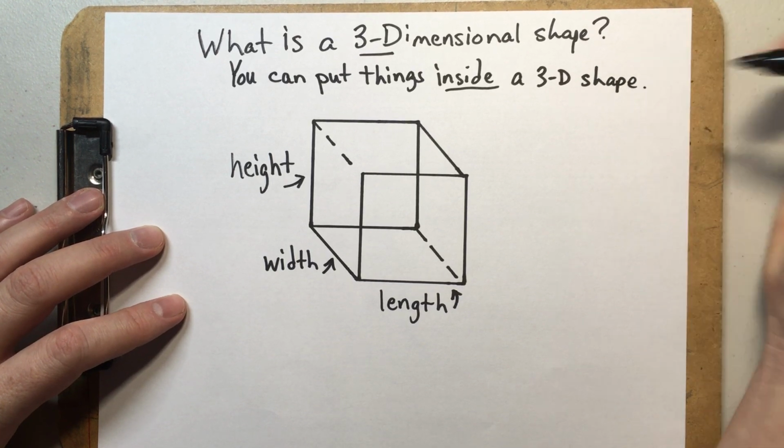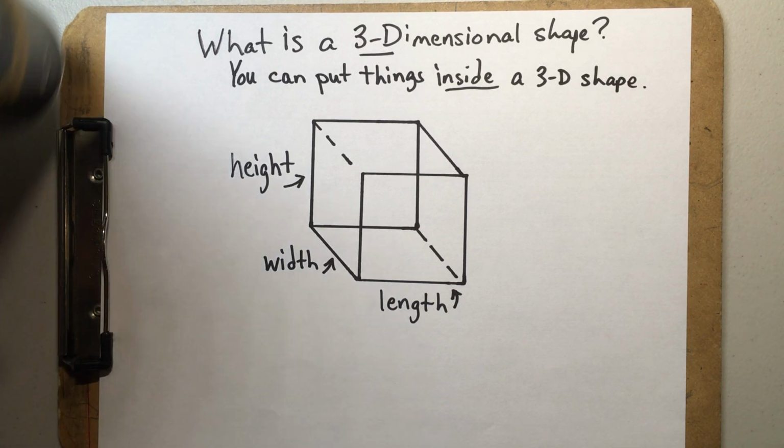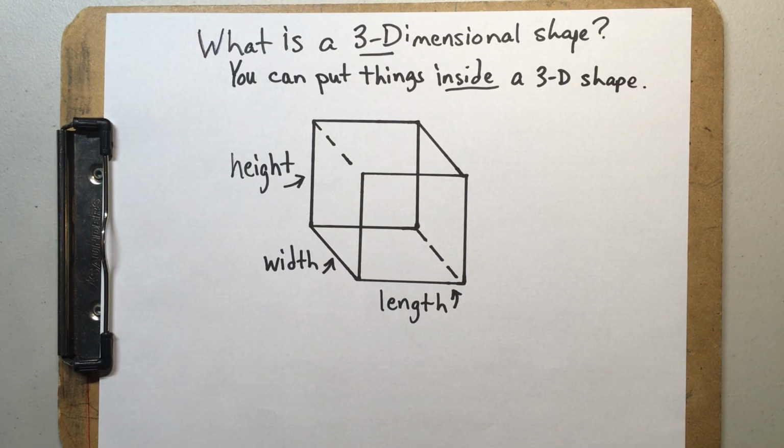Kids really grasp that idea. They understand what a three-dimensional object is when you tell them you can put stuff inside of it. So it is good to define the difference between a 2D shape and a 3D shape for children.